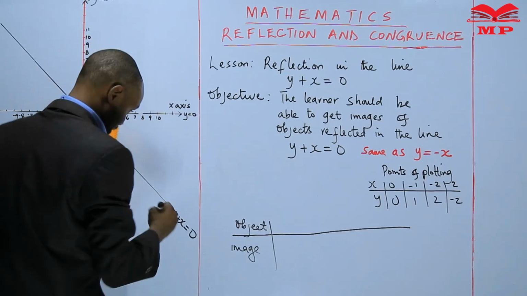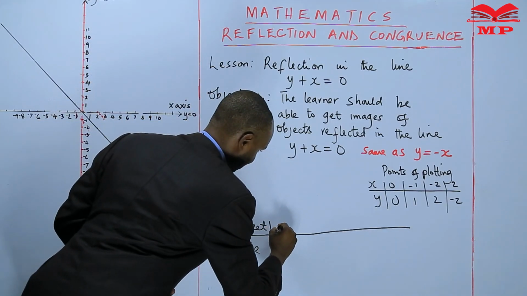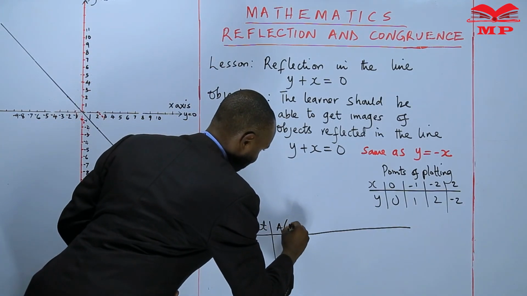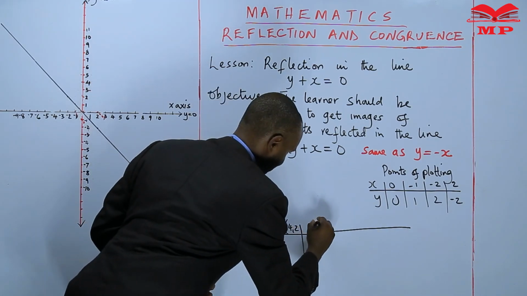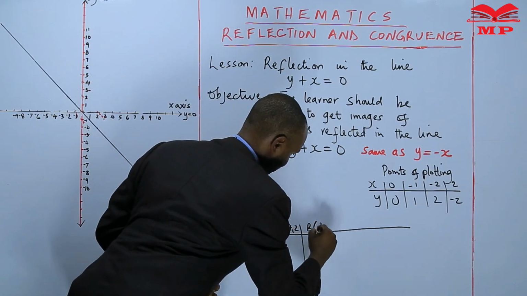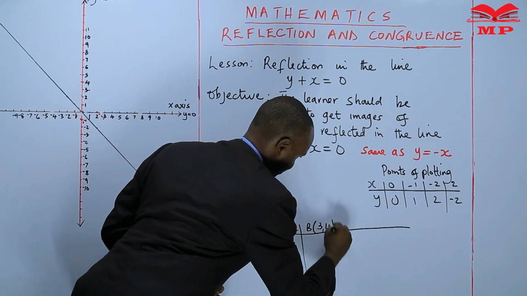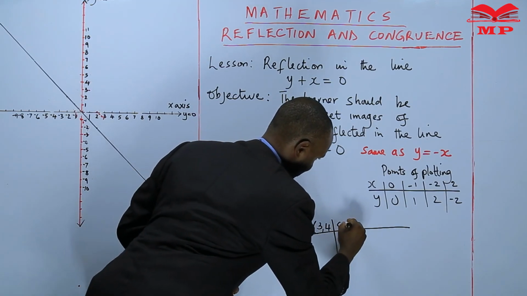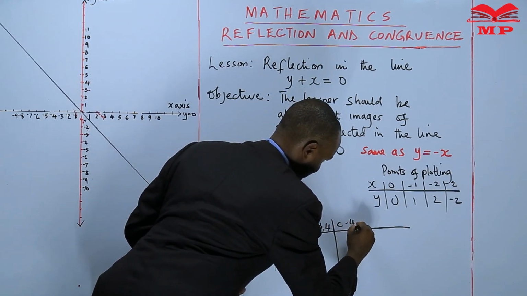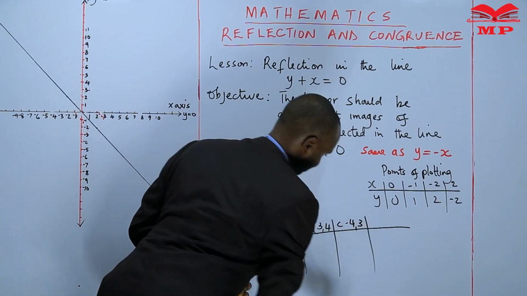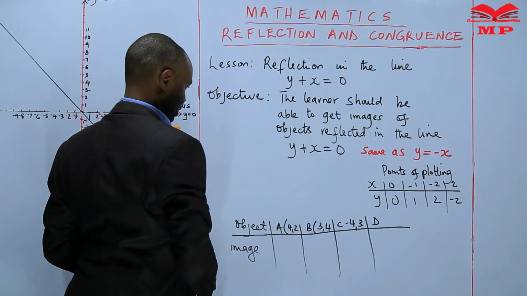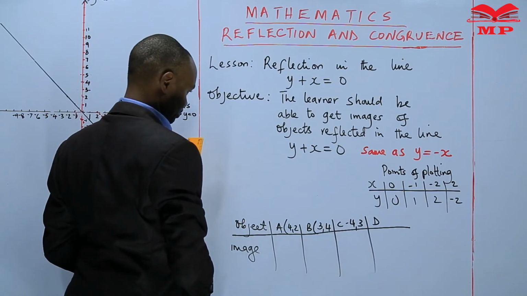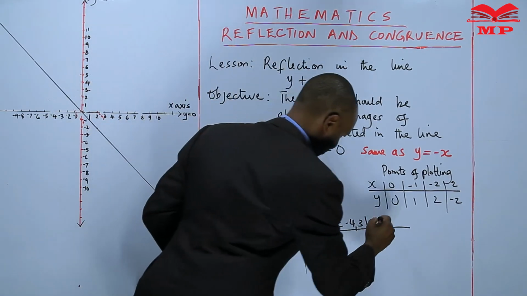We can start with A (4, 2), B (3, 4), C (-4, 3), and D (-5, -2).